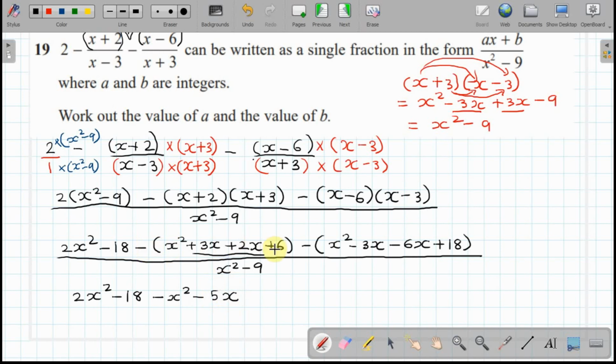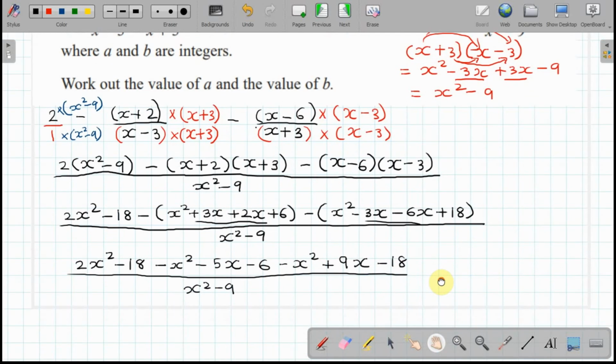Then minus 1 times plus 6 is minus 6. Same kind of situation here. This will be minus x squared. These two simplify to give you minus 9x, but then negative times negative will give you positive, so plus 9x. Then minus 18. All of it over x squared minus 9.